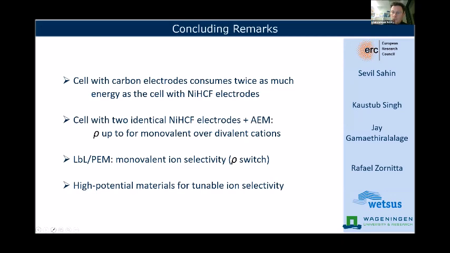Both have their own contribution, either in terms of valency or in terms of charge. An LBL on its own, directly, so without an ion exchange membrane, may also be permeable for anions. Of course, this is not going to happen due to electrostatic reasons of the charge of the electrode, but there's also co-adsorption of the counter ions. That's something you would like to prevent as much as possible. All right, thank you.